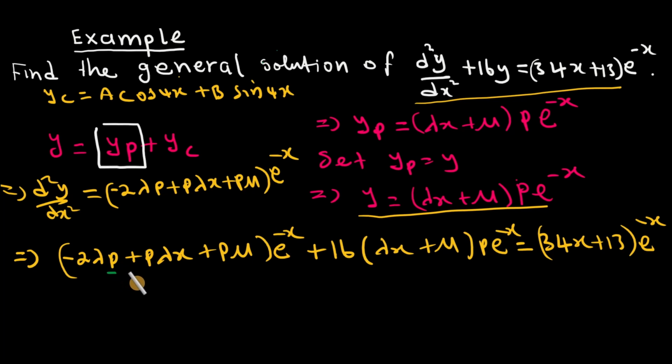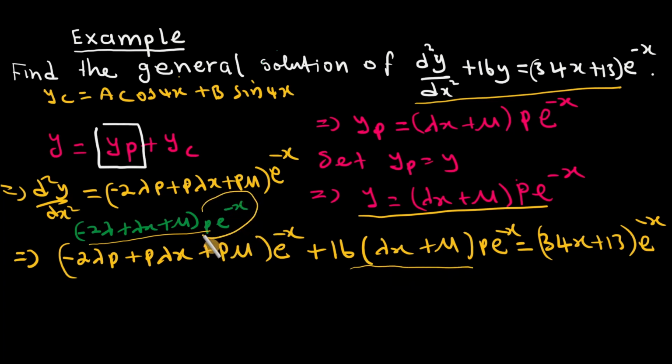You see here p is common in all the terms, so I can factorize p outside. So this part of the equation becomes minus 2 lambda plus lambda x plus mu into p e to the negative x. If you look at this and this, you will see p times e to the minus x is common in the two, so I can factorize it out.